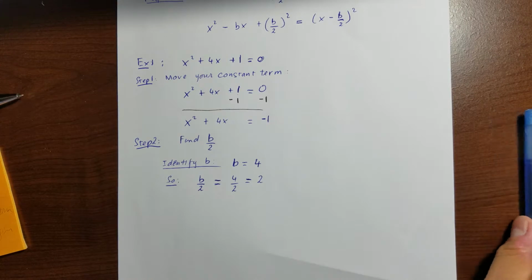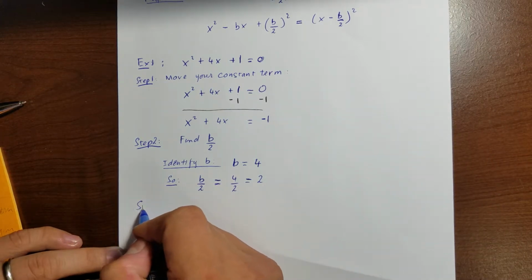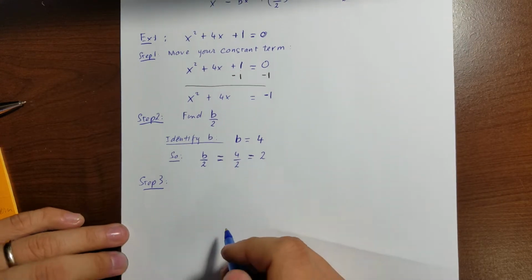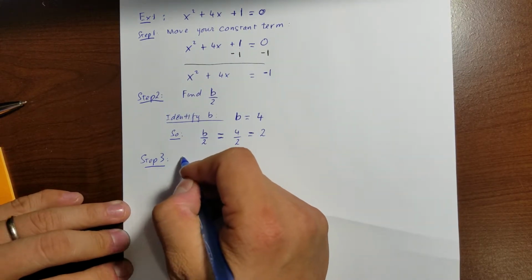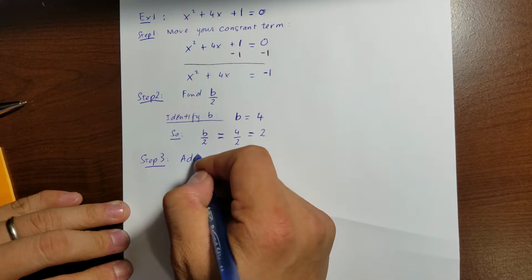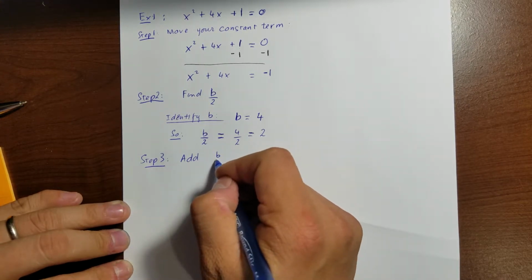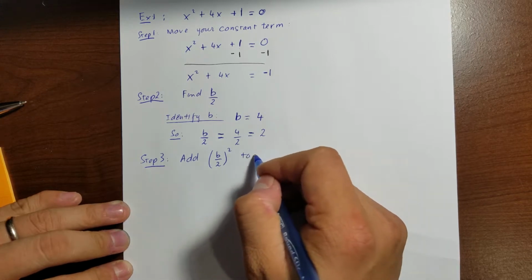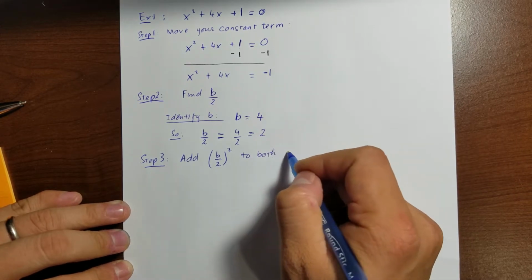Then, step number 3: add b over 2 squared to both sides.